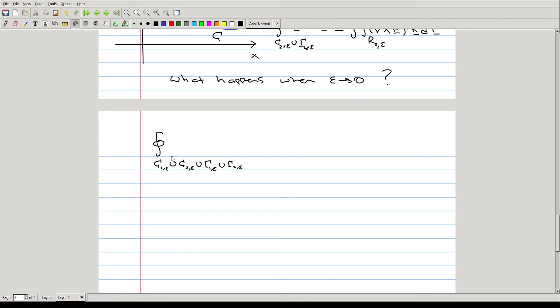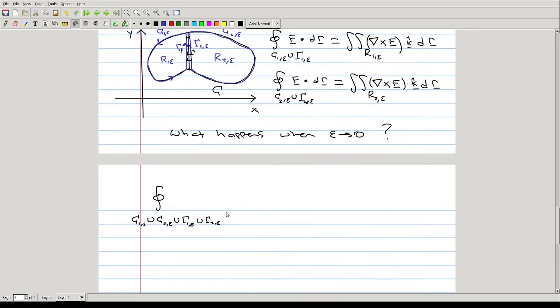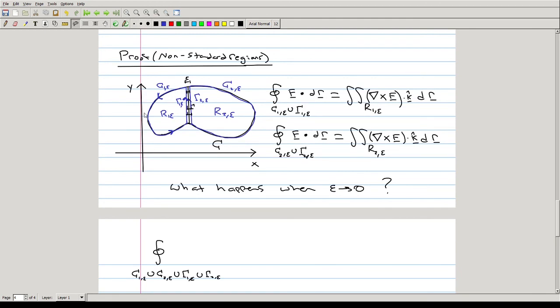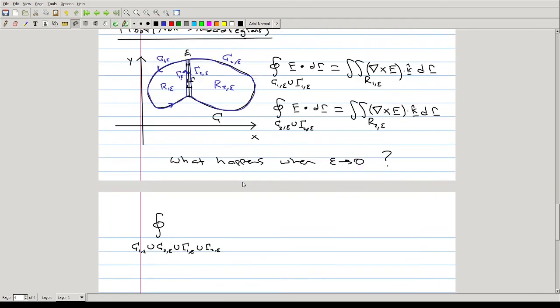So this is the combination of the closed line integral over this curve right here and this curve right here.